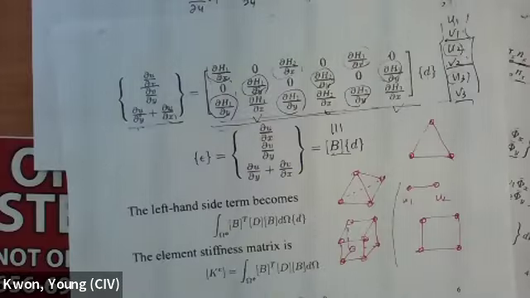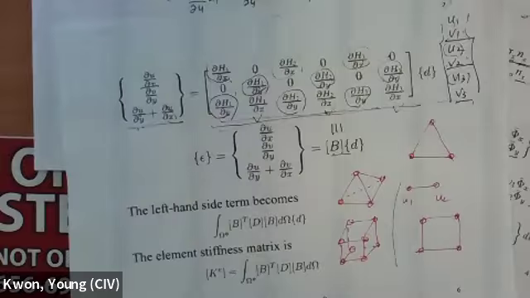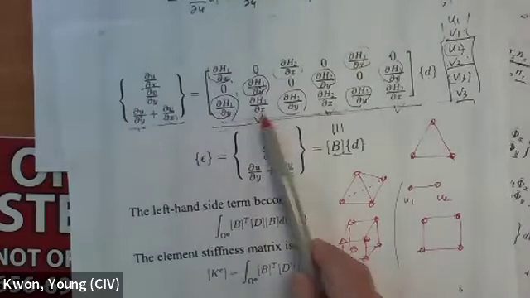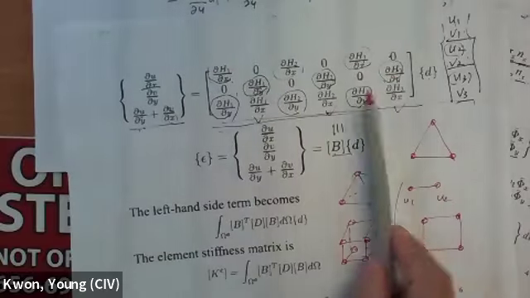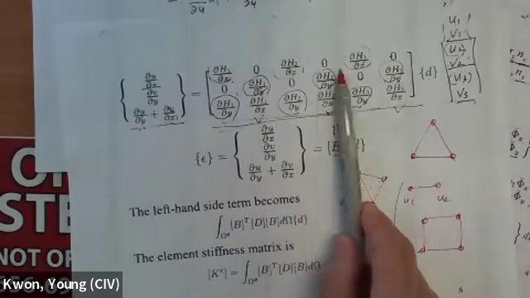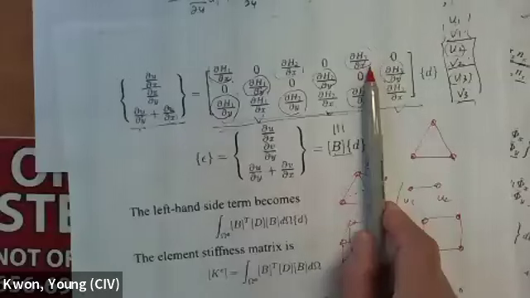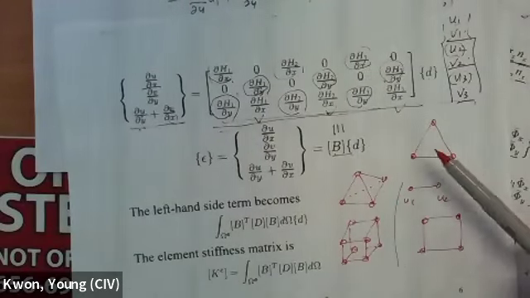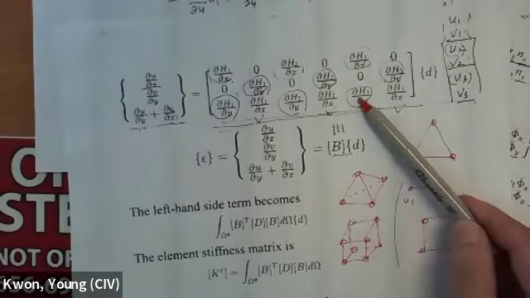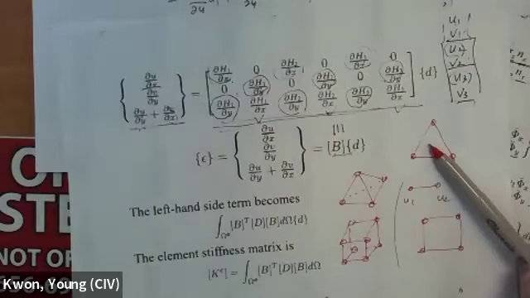Right? So, in other words, you should be able to recognize that. Once you recognize that, the shape of this matrix B has exactly the same kind of format, regardless of what kind of element you use. In other words, this matrix is for this element.